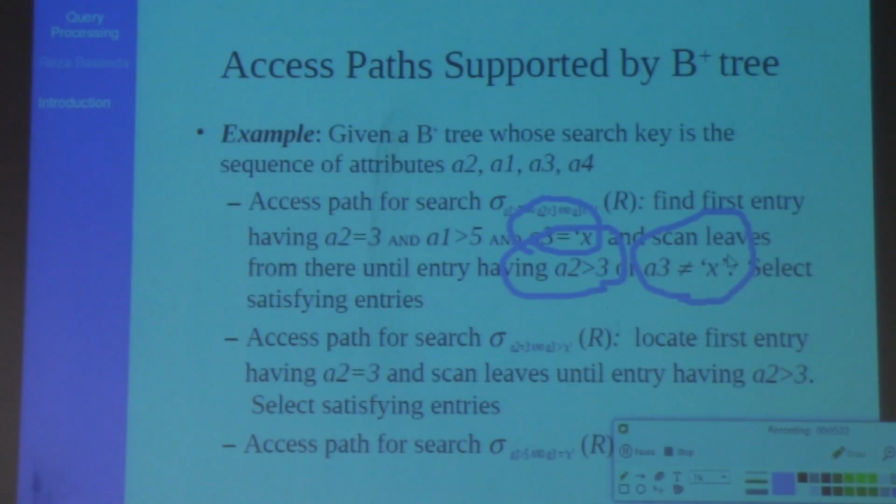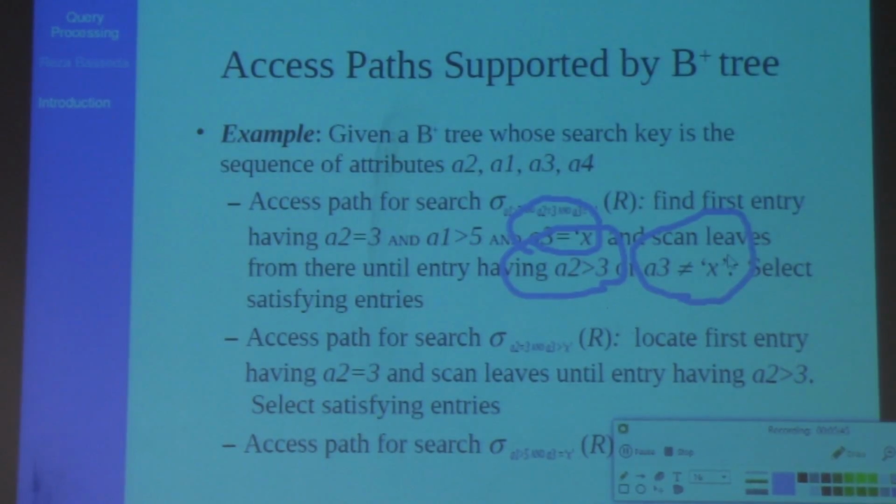Why? If A2 is greater than 3, then we know that A2 is no longer equal to 3, so why are we wasting our time? We stop at that point.